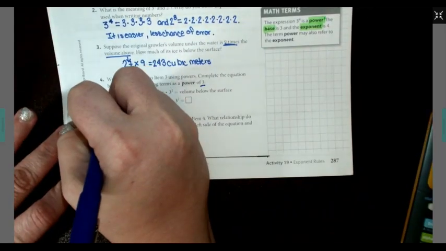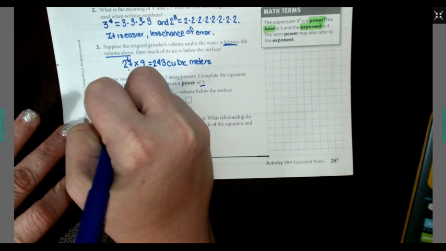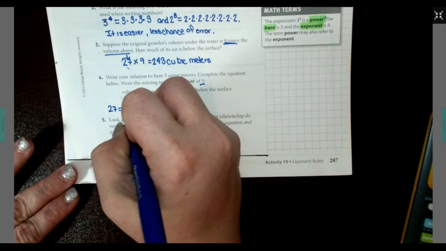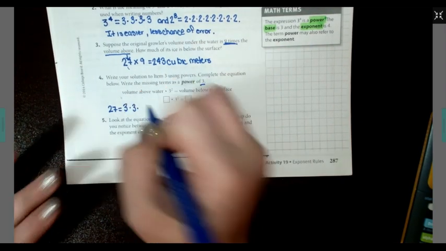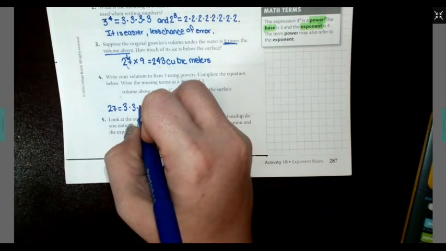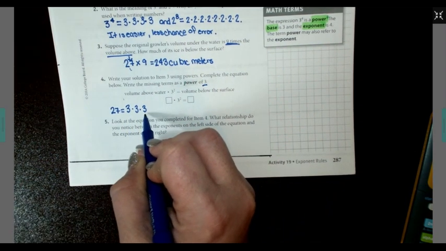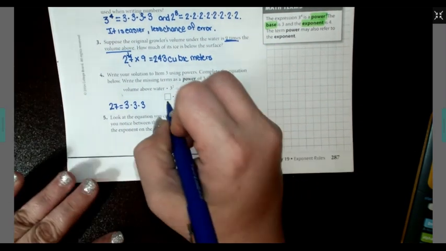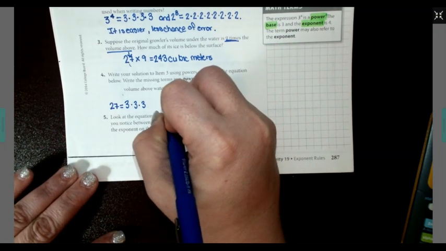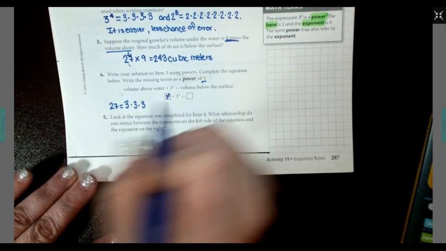Now, originally we started out with 27 again, okay? So 27 is the same thing as saying 3 times 3 times 3, because that's 9, and 9 times 3 is 27, right? So this would be 3 to the third power.